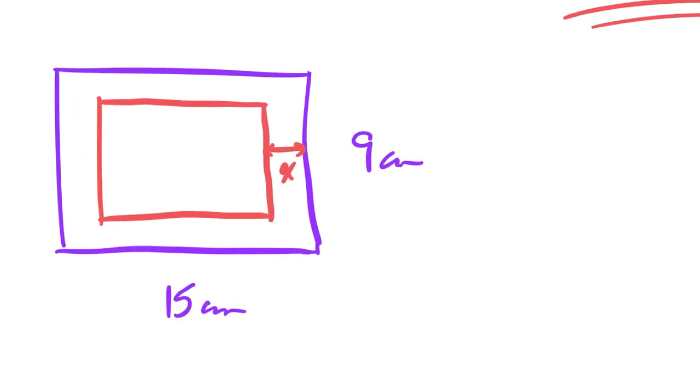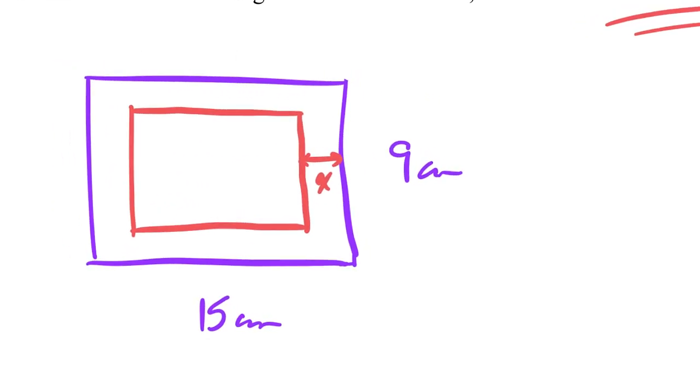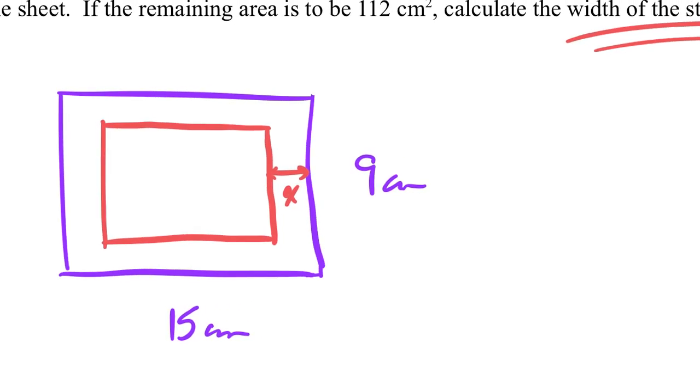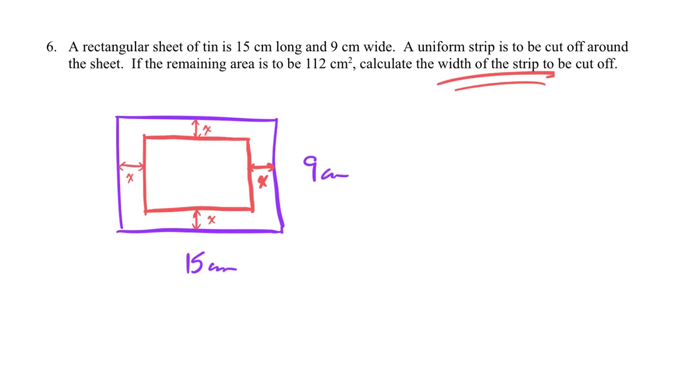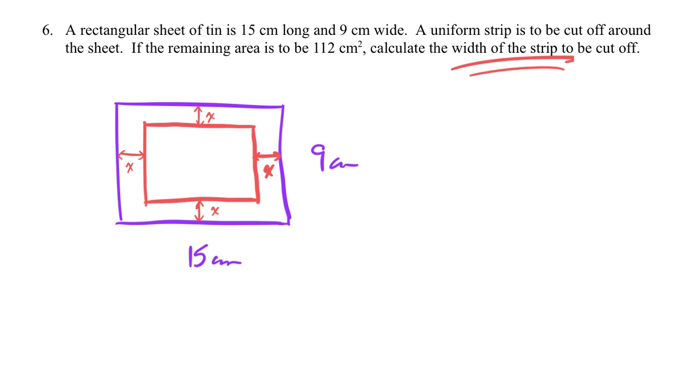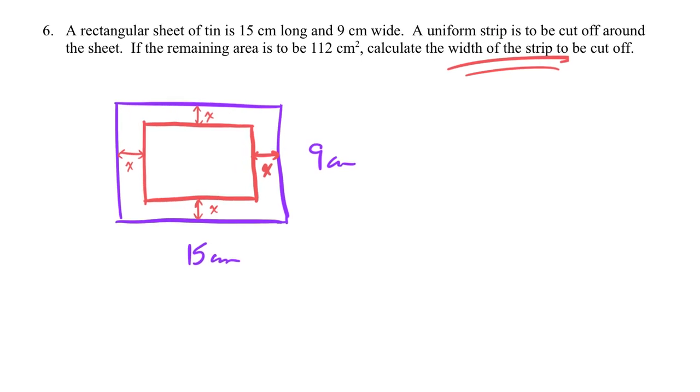I'm just going to zoom in a little bit. That's my x. Now, because it's uniform, if that's x, then that also has to be x. So does that. And lastly, so does that. That's what the problem is telling me. You do not need to label all of those x's on there, but feel free if it helps.